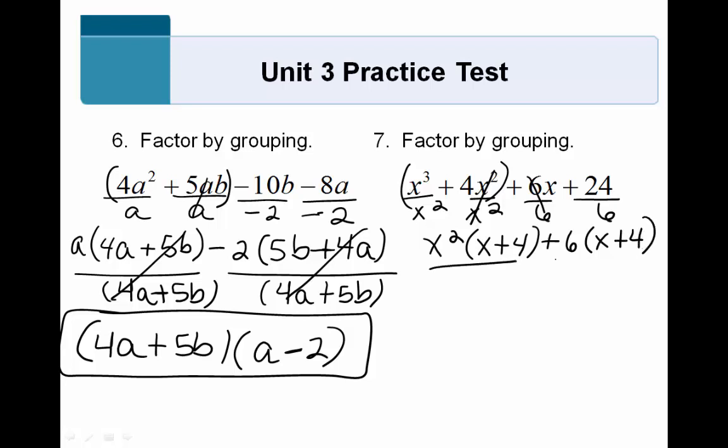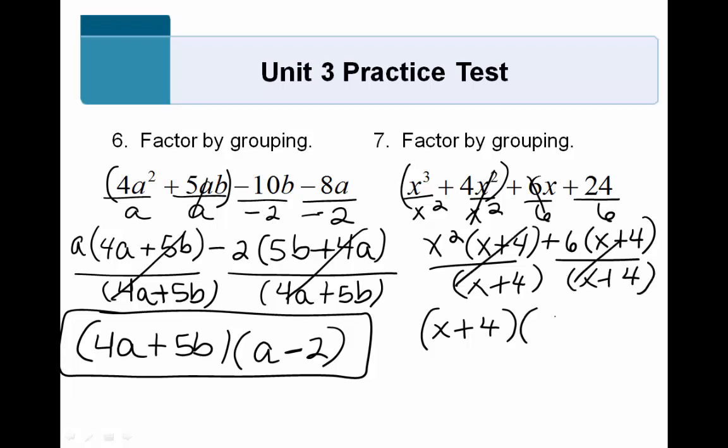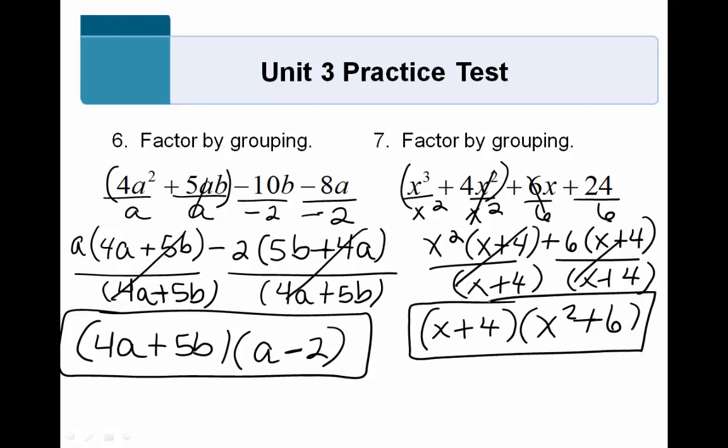Now I will factor out of here and here, pulling out an x plus 4. I will divide each side by x plus 4, undoing that distribution, and I am left with x squared plus 6. So I have x plus 4 multiplied by x squared plus 6, or you can write it the other way.